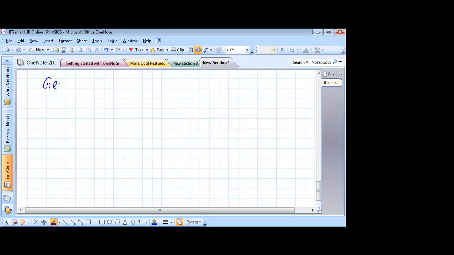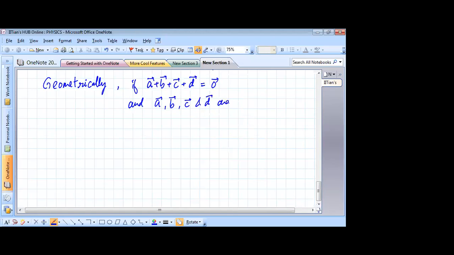So geometrically, okay, if A plus B plus C plus D is equal to 0 and A, B, C and D are coplanar vectors, then the condition for the resultant to be 0 is that, just think of them like displacements.